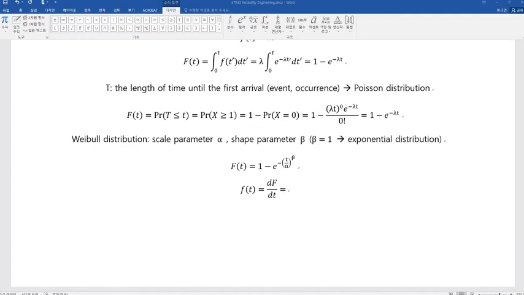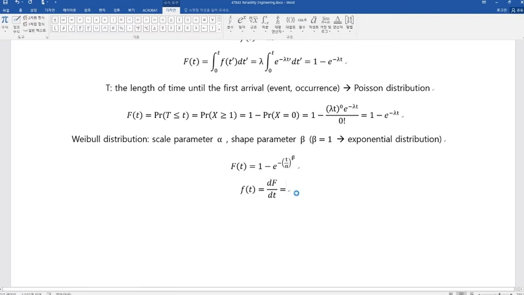If we take the derivative, first it is going to be minus and minus, so the minus will disappear.